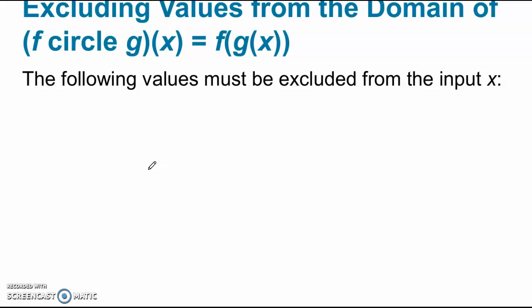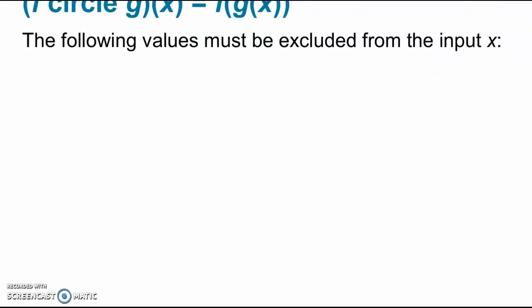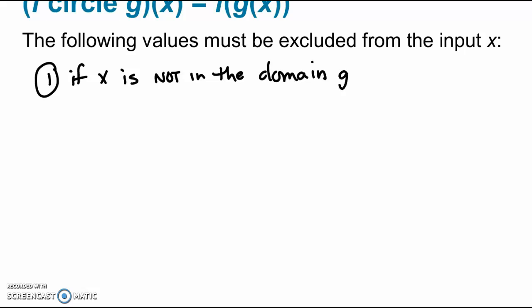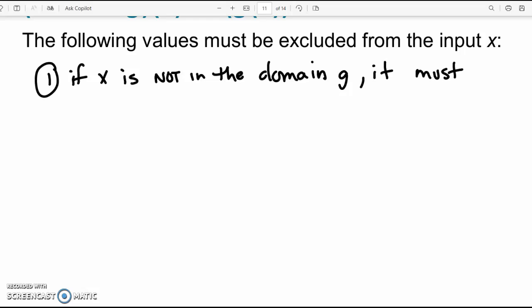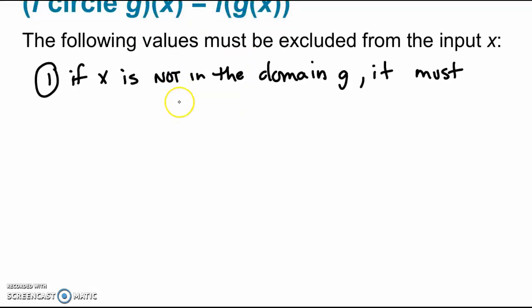So let's move on to this, and let's say the following values must be excluded from the input x. First, if x is not in the domain of g, because remember g is that inner function, whatever the inner function is. They're just using g here in general, because that's how we wrote it up here, f of g of x. It must not be in the domain of the composite function.